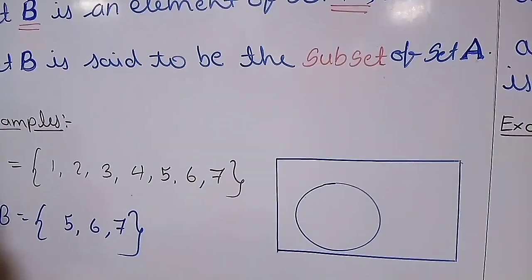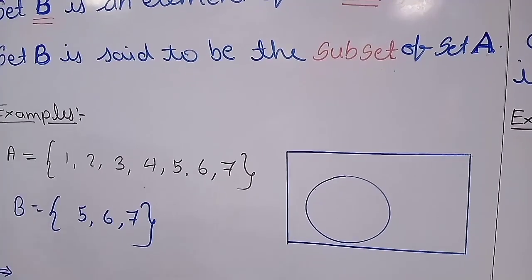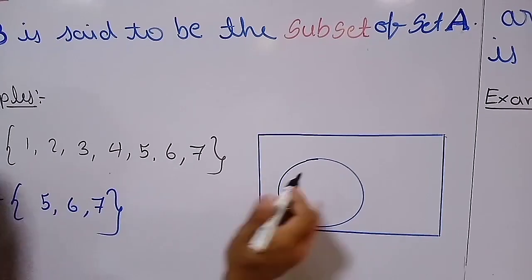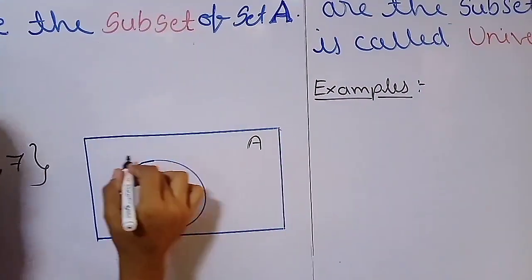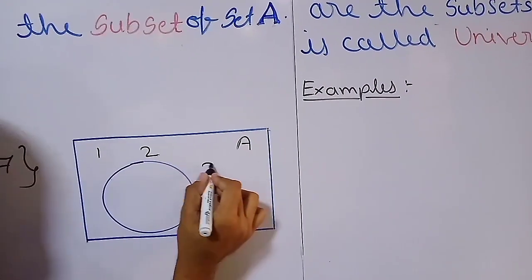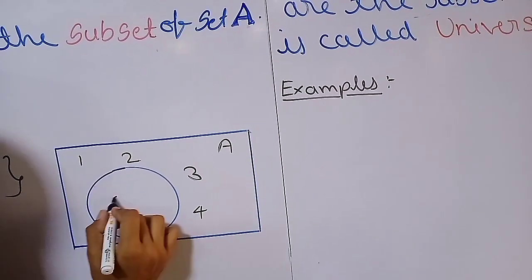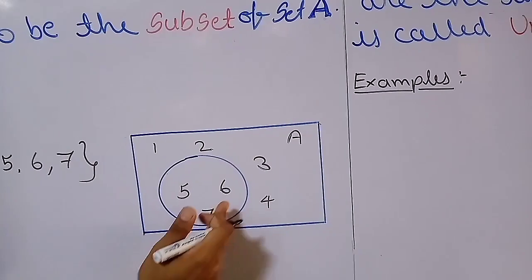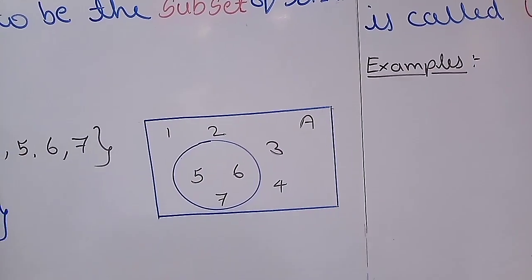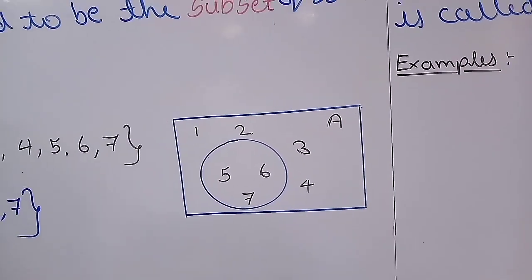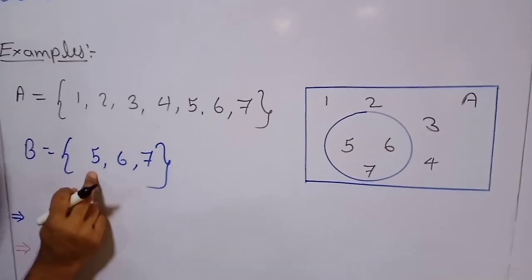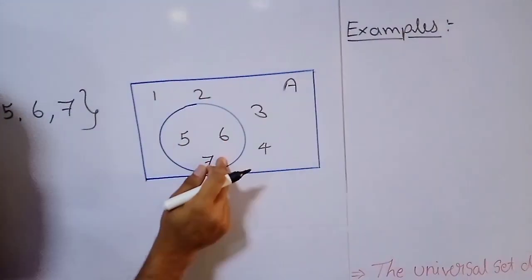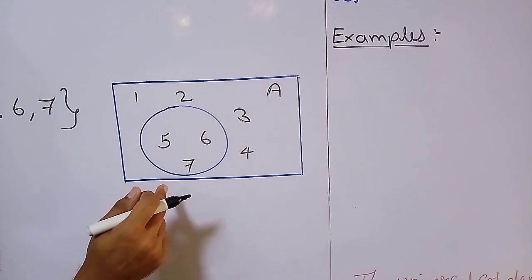As I said, we use the Venn diagram. So just write it. We have set A in a rectangular way, with 1, 2, 3, 4, 5, 6, 7. We write set A and represent it by its name in the rectangle. Second, we have the set B, 5, 6, 7. Can we say 5, 6, 7 is already written in set A?